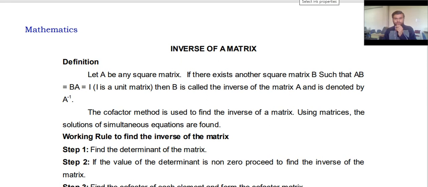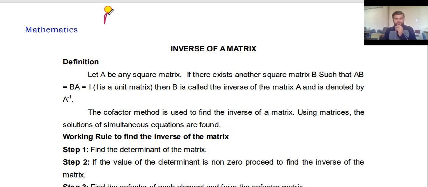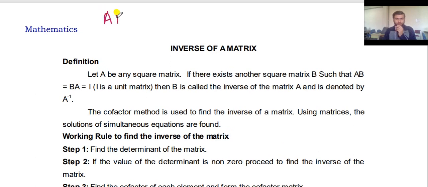Suppose you have two matrices, matrix A and matrix B. If we multiply matrix B to matrix A, or matrix A to matrix B, and the resultant is a unit matrix I, then the determinant of the unit matrix is 1.